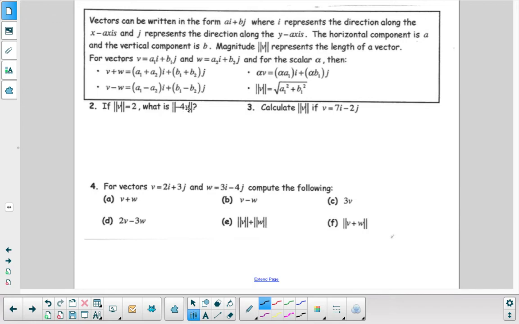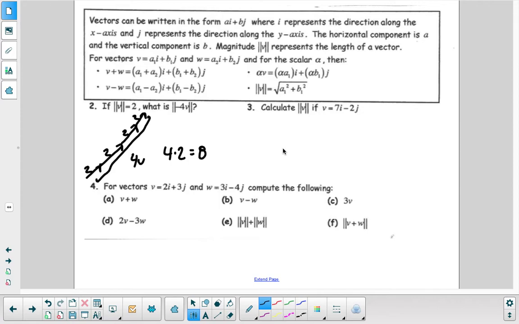The magnitude of negative 4v should be the distance traveled if I traveled 4 of these. So let's just say that this is 2, 2, 2, and 2. So this would be 4v. 4v would be 4 times 2 for a magnitude.